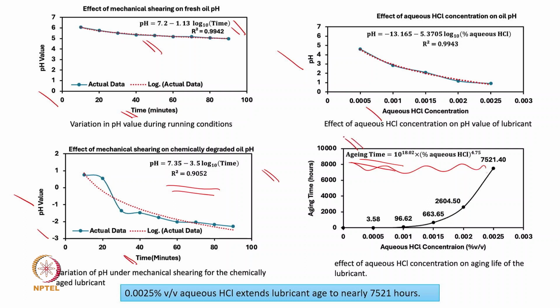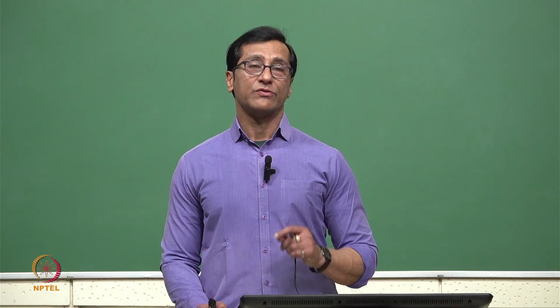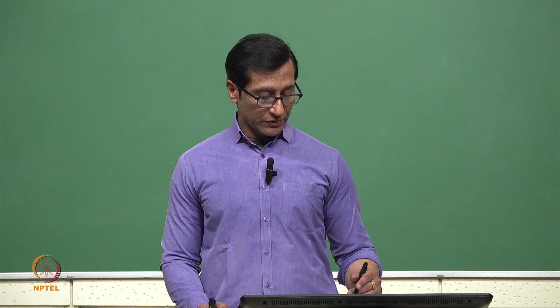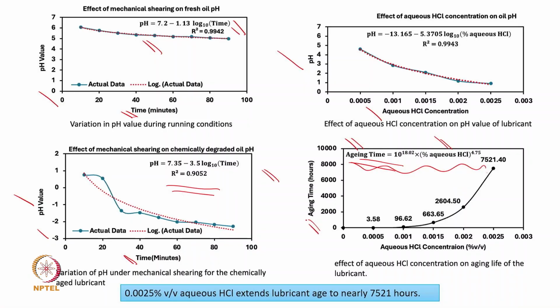We say aging time can be calculated by considering how much HCl should be added and how much aging of the oil will happen because of that. If we are able to predict that, of course it will be an exponential or logarithmic relation, whichever manner you want to express.